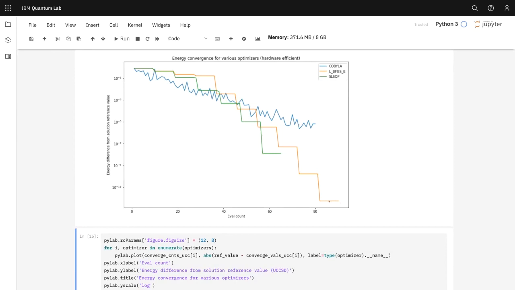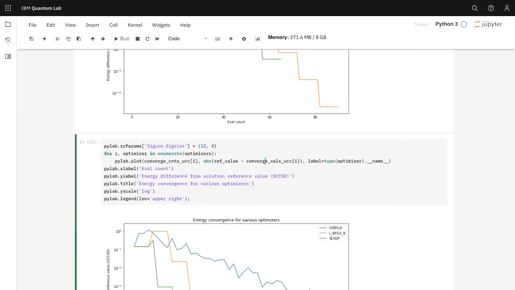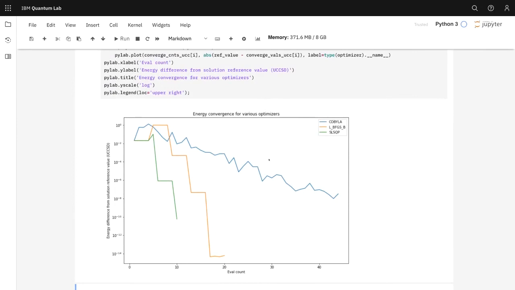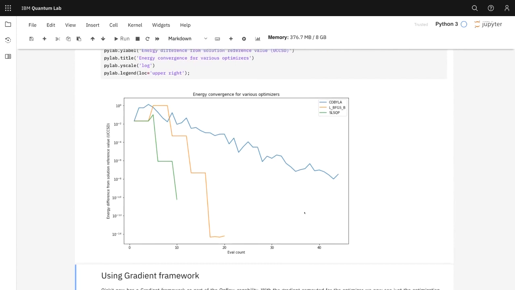The best error, as you can see, you get with the BFGS optimizer, and these two stopped earlier here. For the unitary coupled cluster, this SLSQP optimizer works the best. It gives a small error rather quickly, and COBYLA here takes much longer.